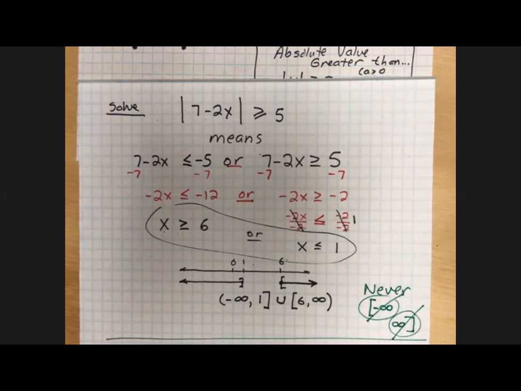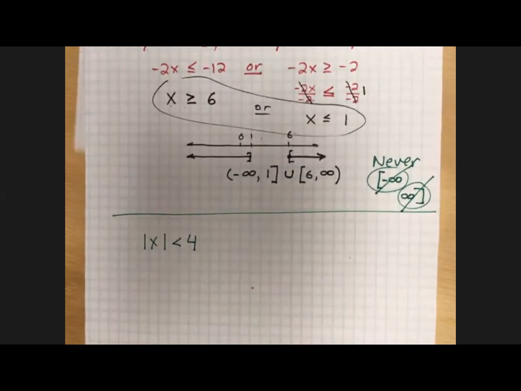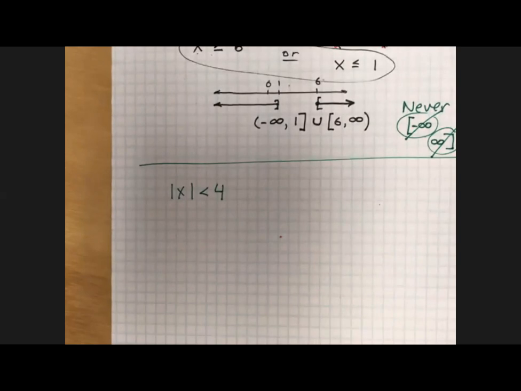Let's try it the other way. What if I said the absolute value of x is less than 4? Okay, now we're going to have to be more careful. So the first 2 rules I've shown you are pretty mellow and almost alike, and they gave you 2 chances to win.